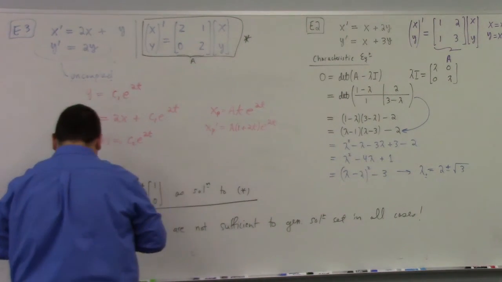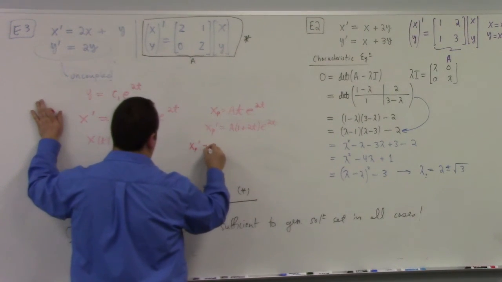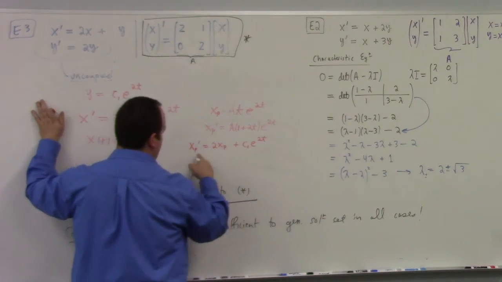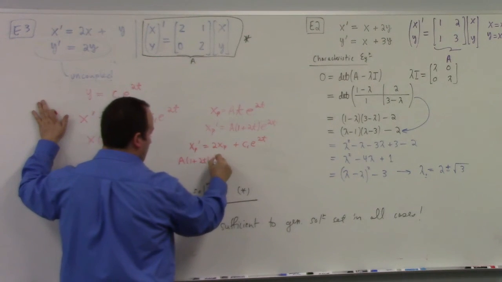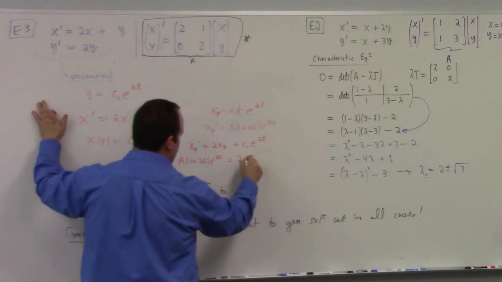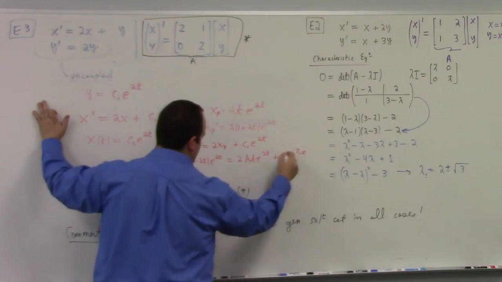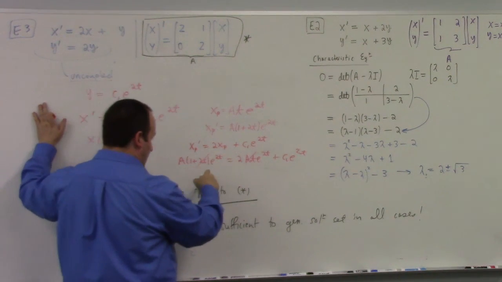And so, working through it, I get xp prime equals 2xp plus c1 e to the 2t. That is going to give me a times 1 plus 2t e to the 2t equals 2a t e to the 2t plus c1 e to the 2t. These guys cancel, thankfully, because overlap works.